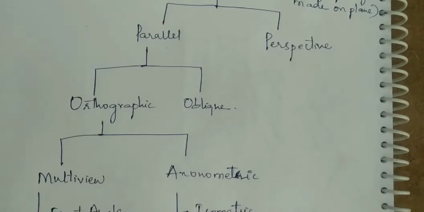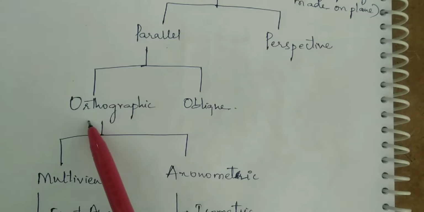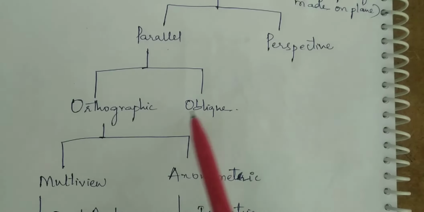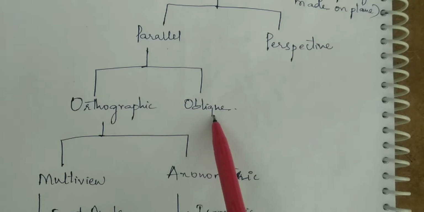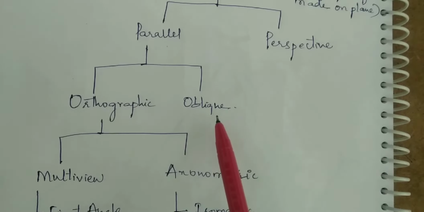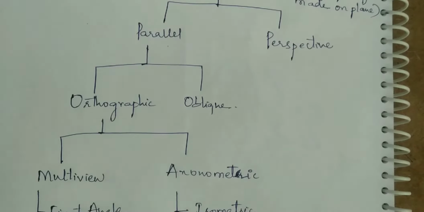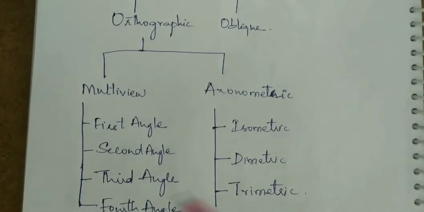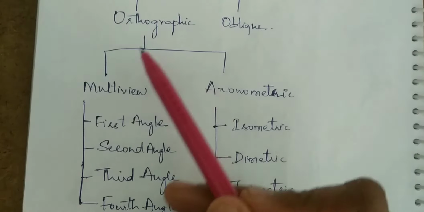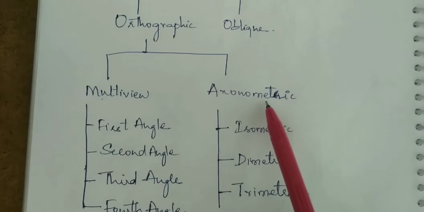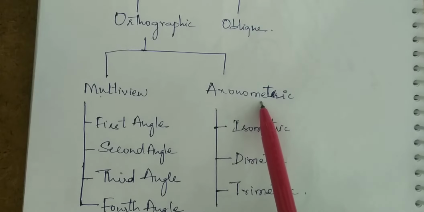Parallel projection is further classified into two types, orthographic and oblique. Oblique is not under our consideration, so we are going with the orthographic. Orthographic is again classified into two types: multi-view projection and axonometric projection.